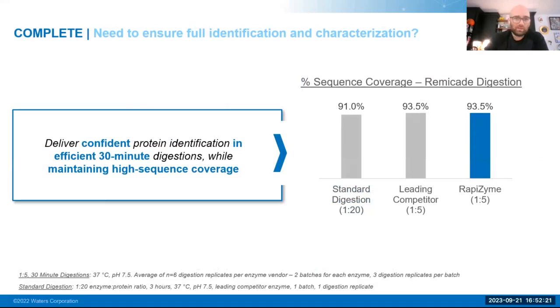And what you'll see here is, even with the modifications that do exist, we're not forgoing any performance. Sometimes there can be tradeoffs in minimizing off-target and self-digestion through these modifications. But with Rapizyme, we're still getting the percent coverage that should be expected when compared to the leading competitors.